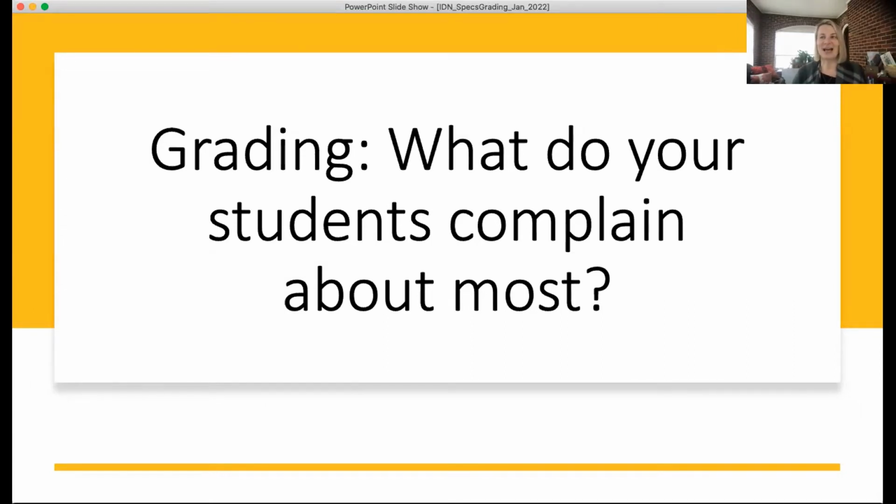I see in the chat things about unclear recommendations, vague grading guidelines, turnaround times, clarification needed, hard grader. What does that mean, right? That there's a hard grader.